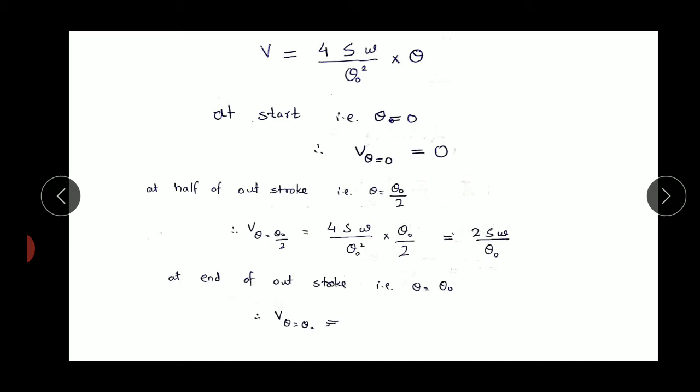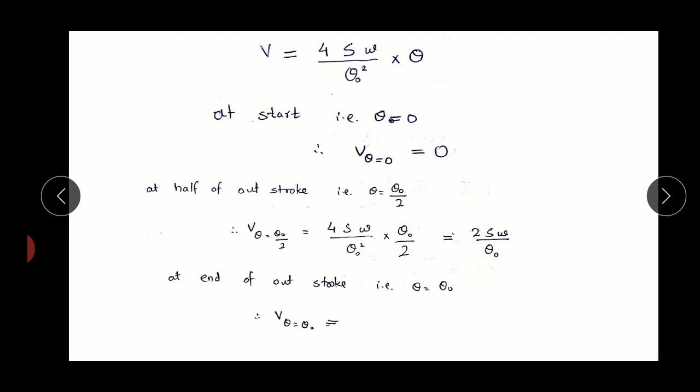The only velocity for which we are waiting for some value is at the half of return stroke, and that value will again be similar to this value. The formula will be the same, only difference is that instead of theta O there will be theta r. So the angle turned during return stroke is theta r.